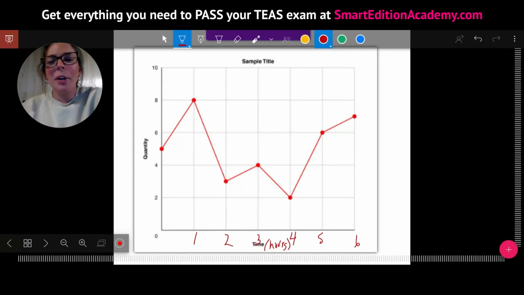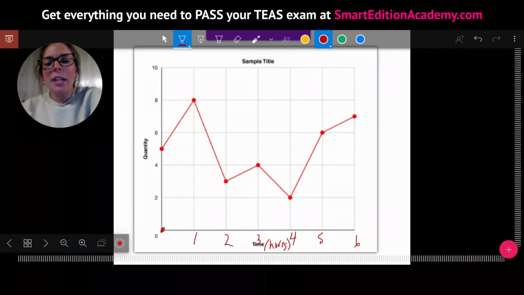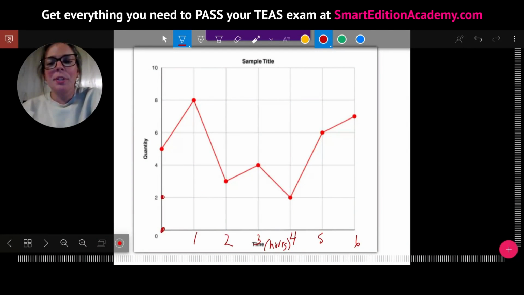I want to point out that the vertical axis goes from 0, and then the first line that you see jumps to 2. So it goes 2, 4, 6, 8, 10. Notice how it's counting by 2 every time. You want to be aware of the scale of your graph, the label on that vertical axis, because if you look at right here, for example, it's in between the 4 and the 6, so you have to figure out what that value is.